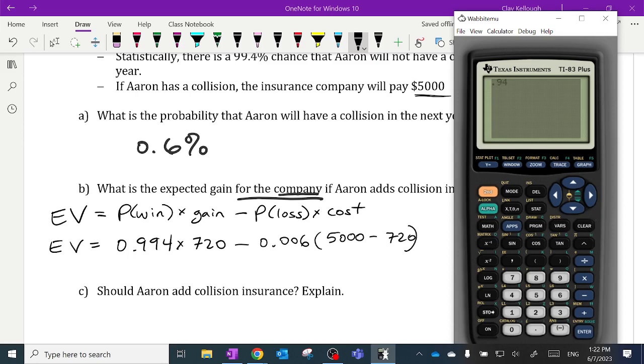See, look at that, already I'm off. 0.994 times 720 minus 0.006 times, and then I'll actually do this in a bracket. Why not? 5,000 minus 720. Does everybody get why I needed the bracket? Because I need that subtract to happen before the multiply, and BEDMAS would say the opposite is true. So without that bracket, I'd get the wrong number.